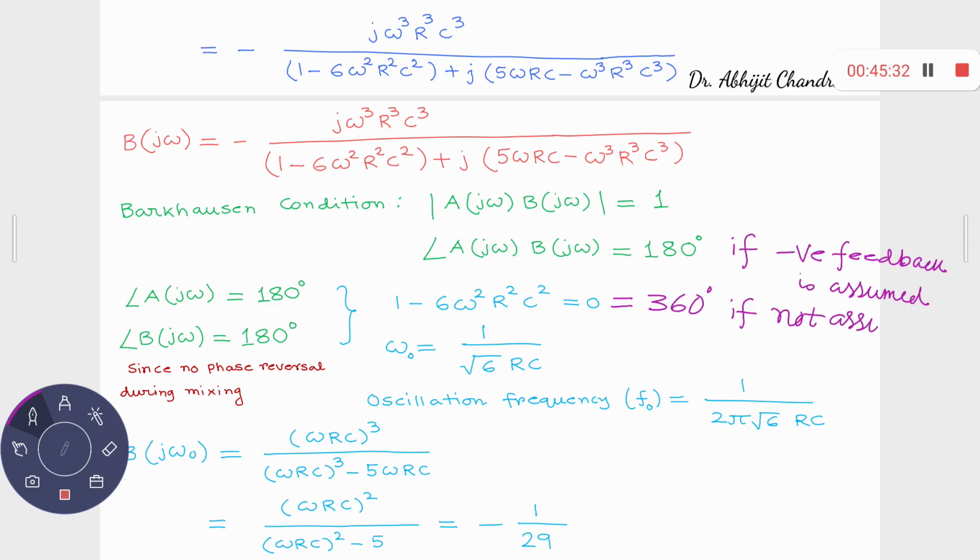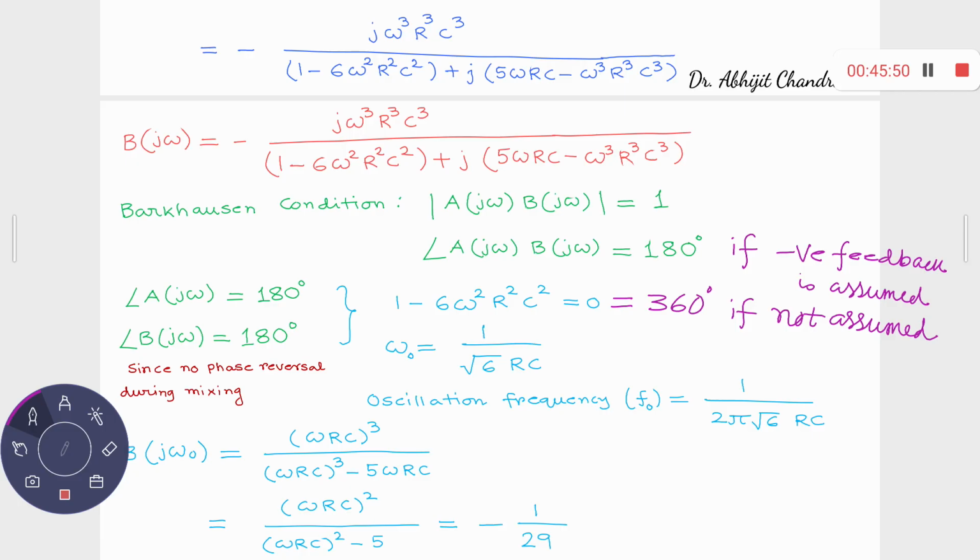If not assumed, then 360 degree. If I assume that there is negative feedback, in that case this will be only 180 degree, because another 180 degree is coming from the input to output of A(jω).